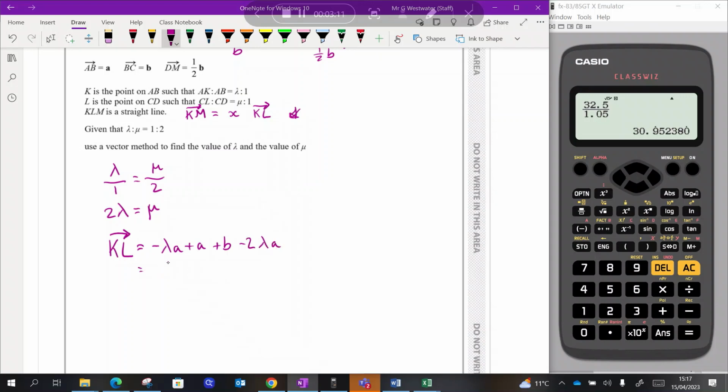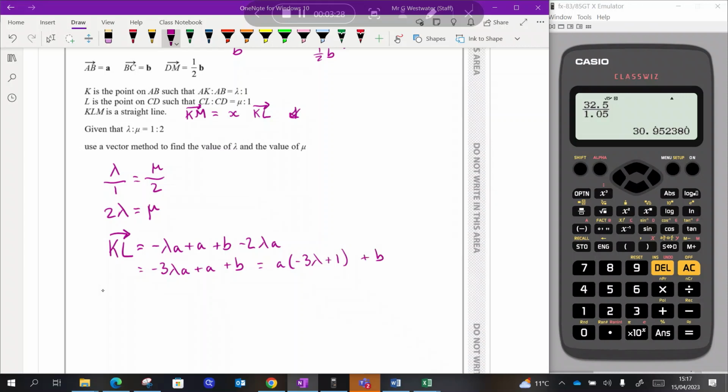So this is minus 3 lambda a plus a plus b, or a into minus 3 lambda plus 1, plus b.